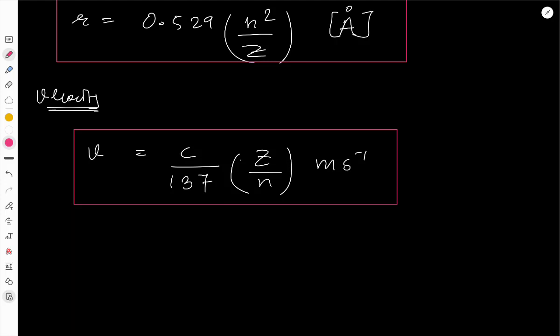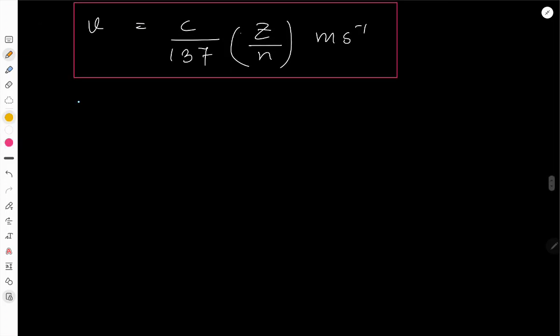And now let us understand a bit more about the atomic model. Let us find out the time period of an electron in an orbit. So we know the radius, we know the velocity.